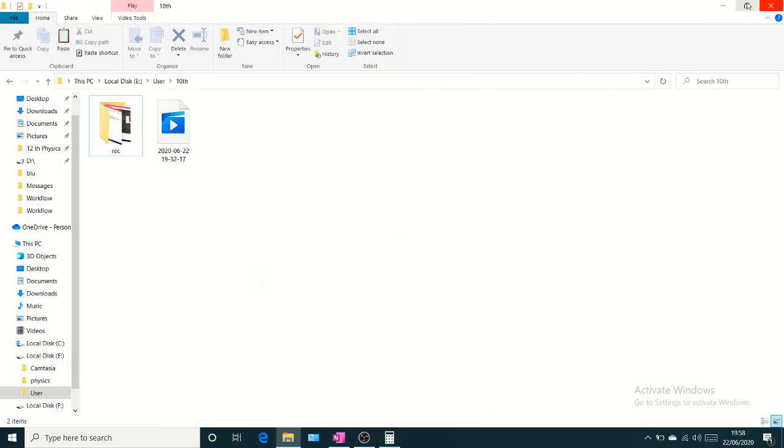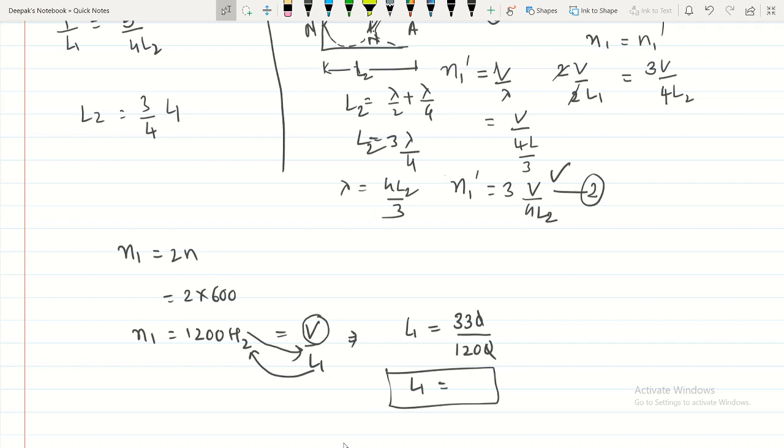This is 0.275 meter, right? So the answer of this question is 0.275 meter, and in centimeters that is equal to 27.5 centimeter, right? So this is the answer of this particular question.